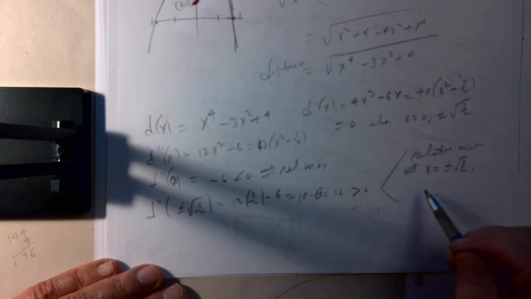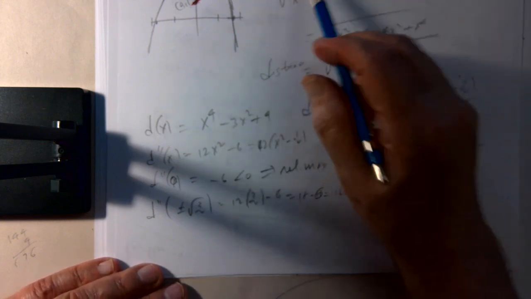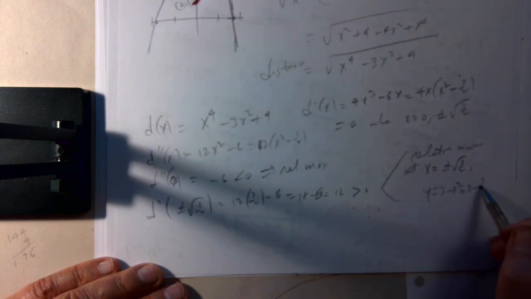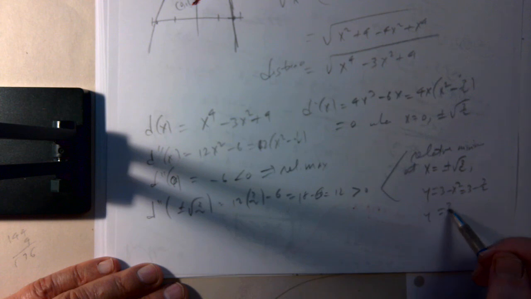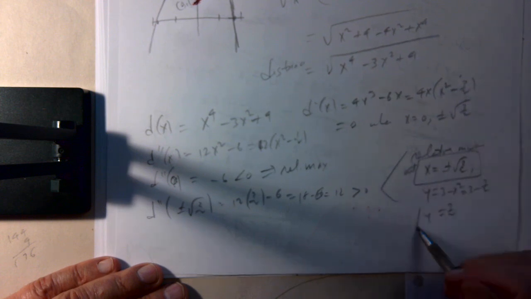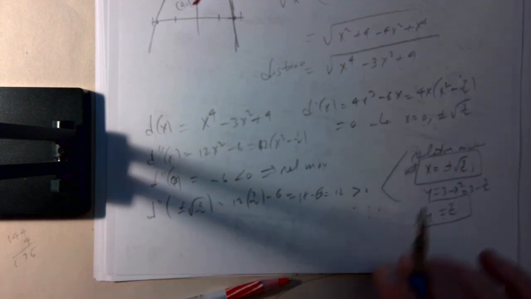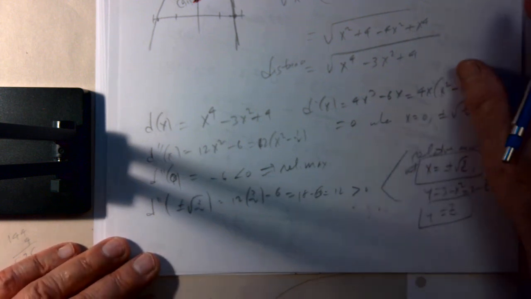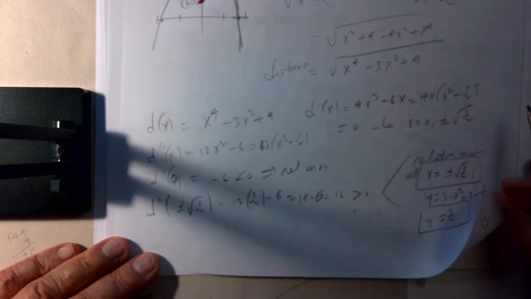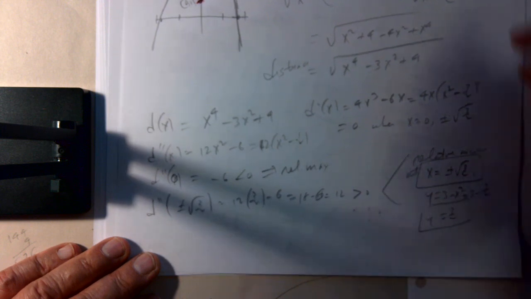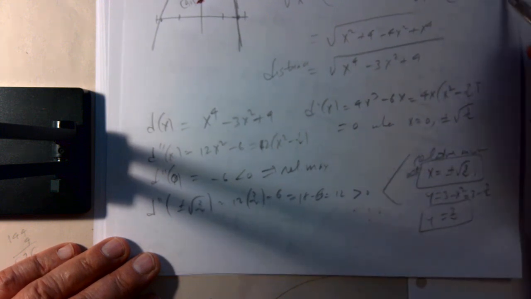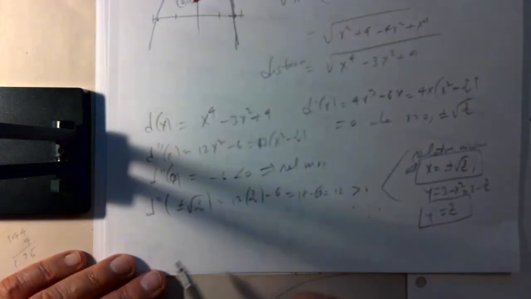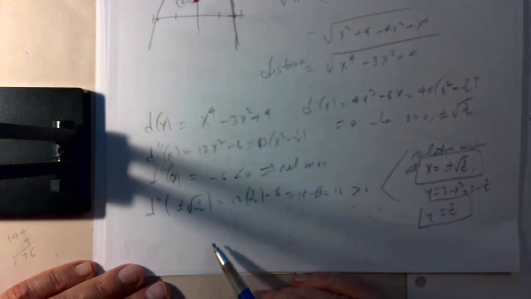And when x is plus or minus root 3/2, y is 3 minus 3/2. y equals 3/2. So these are the 2 points on the curve closest to 0, 1.